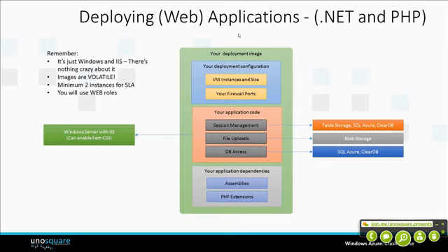This is the basic architecture, and remember, it's just Windows and IIS. There's nothing weird or crazy about it. I think everybody here has at least looked at IIS and has used Windows in the past, so no worries. It's just Windows and IIS.